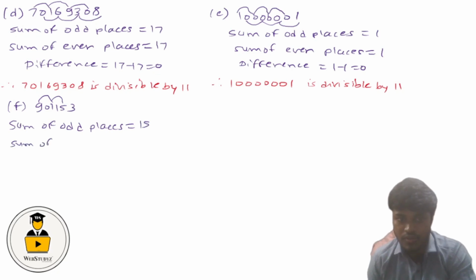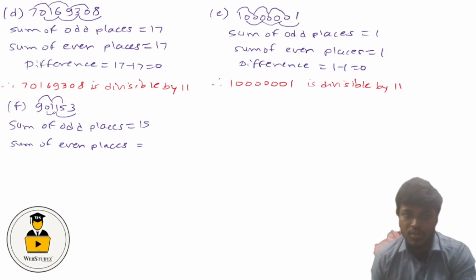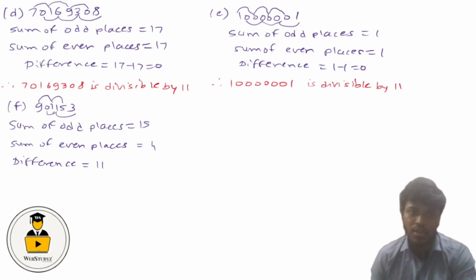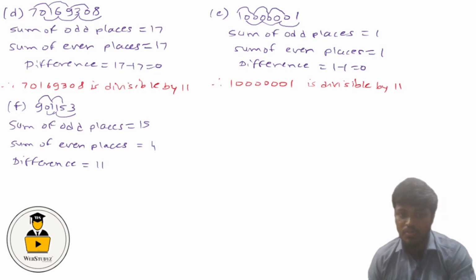And the sum of even places will be 0 plus 1, which is 1, and 1 plus 3 is 4. Now let us calculate the difference. The difference will be 15 minus 4, which is 11. Since the difference is 11 and 11 is divisible by 11, the number is divisible by 11.